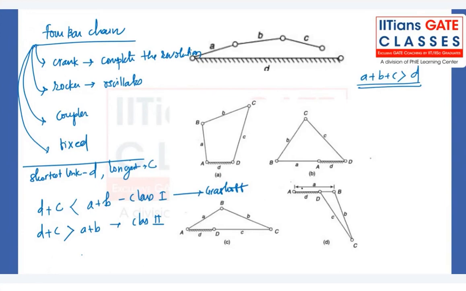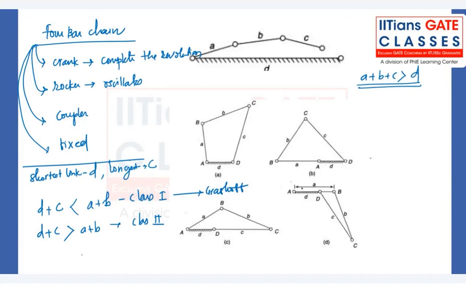So basically, in short, Grashof law says that in a class 1 type of linkage or 4-bar chain, we have a crank, or at least one rotating link, in other words.